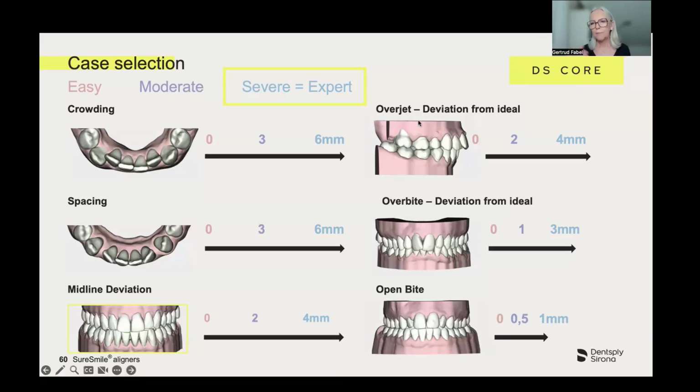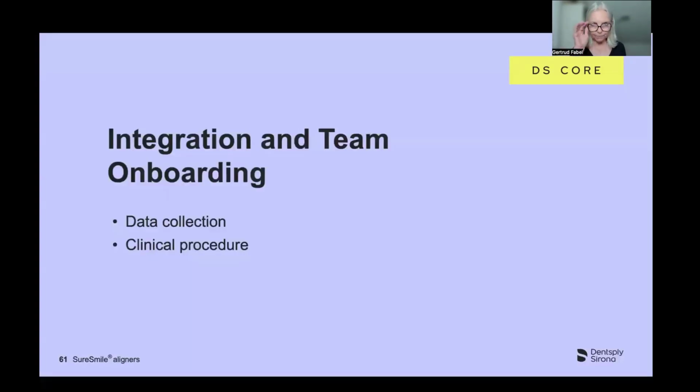And from here on, you recommend the patient to the expert. In the overbite, the numbers are a little smaller. An open bite is the most difficult treatment for aligner treatment. So only really small cases can be treated with aligners. Well, this is just an overview and recommendation.